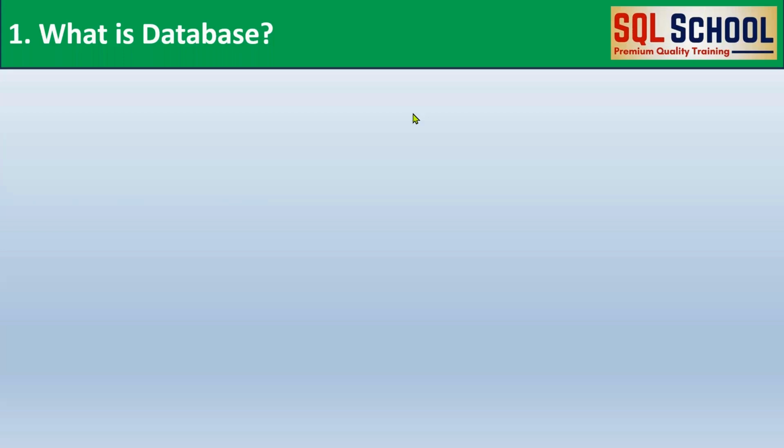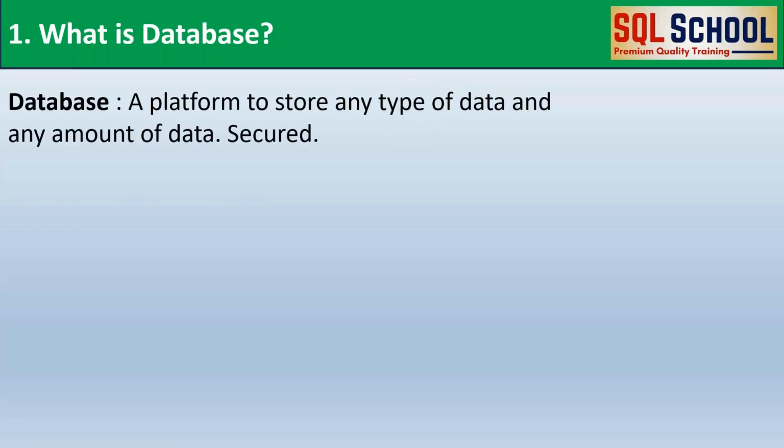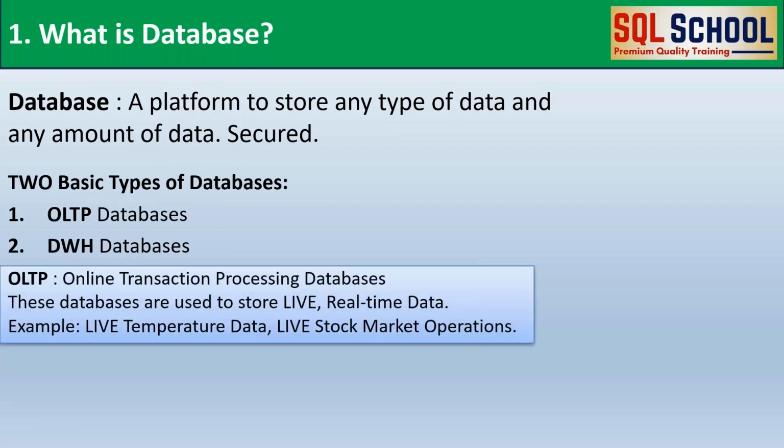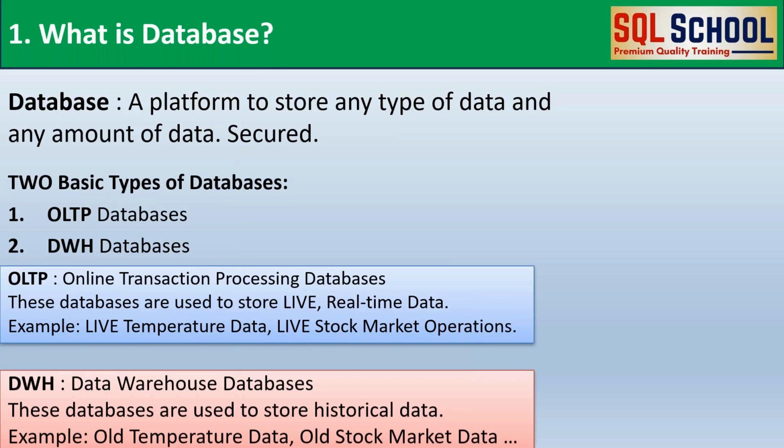First, what is a database? A platform to store any type of data and any amount of data, fully secured. Two basic types of databases: OLTP and data warehouse. OLTP, online transaction processing databases, store live real-time data like live temperature, live stock market operations, anything live.